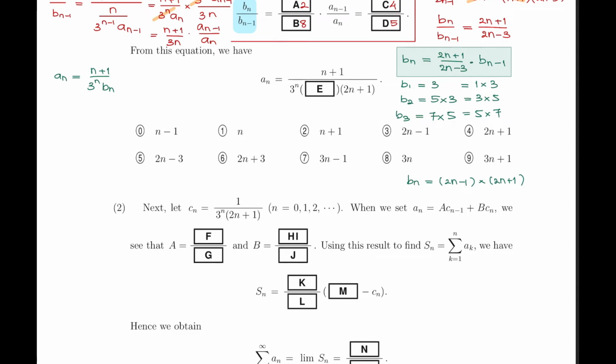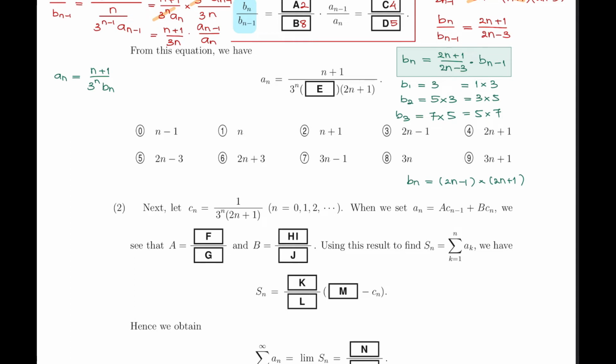If I check it, if I substitute n with 1, 2 times 1 plus 1 is 3. If I substitute n with 2, 2 times 2 plus 1 is 5. And then if I substitute n with 3, 2 times 3 is 6, 6 plus 1 is 7. So 2n minus 1 times 2n plus 1, this is Bn.